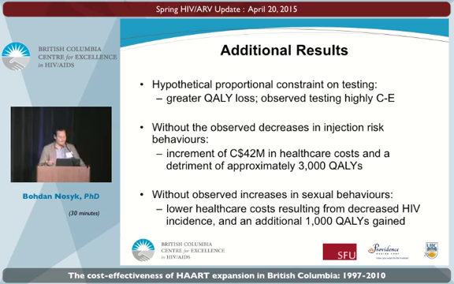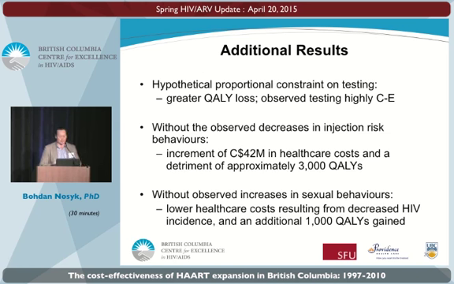In contrast, I showed you that there were increases in non-HIV STD rates, which suggests higher sexual risk behaviors. Well, what if that didn't happen? What if we had seen constant sexual risk behaviors at the time? Well, again, we would have been in a much better place, to put it short.